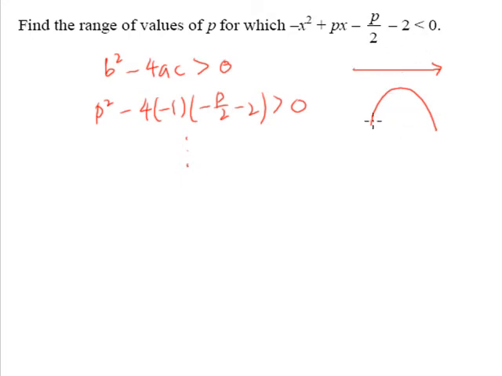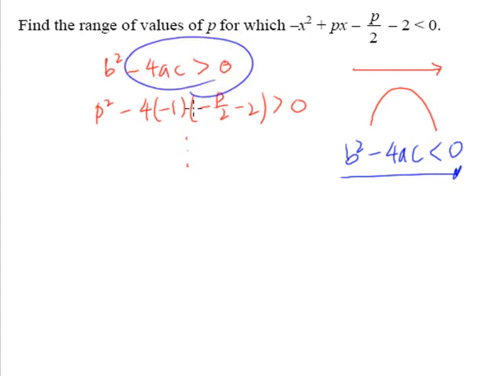When it is always below the x-axis, it means that there is no x-intercept. So if it has got no x-intercept, what do you know about its discriminant? The b squared minus 4ac will have to be less than 0 and not more than 0 as you would otherwise think. So again, this is wrong.